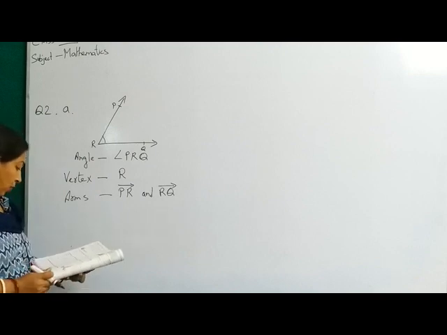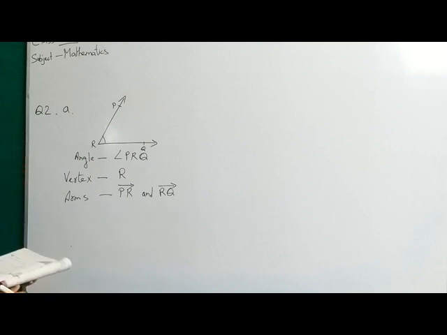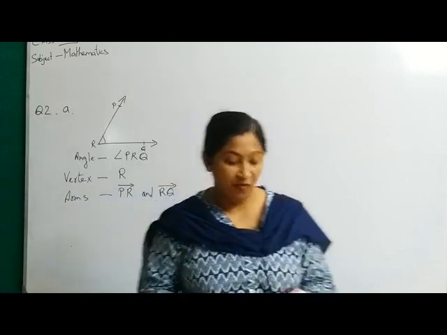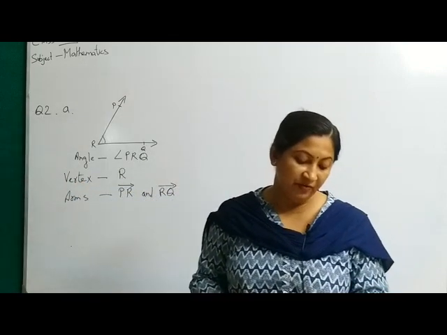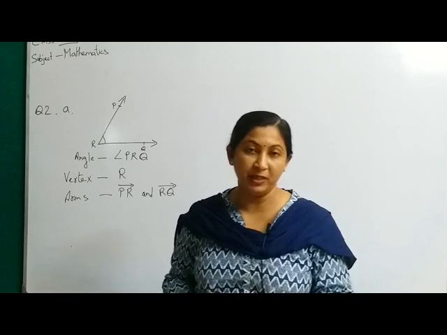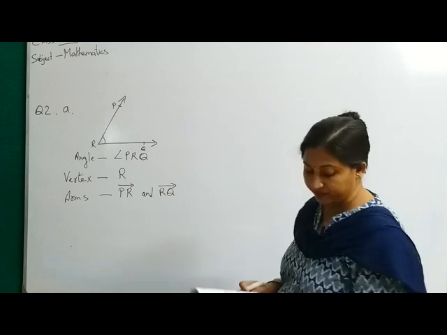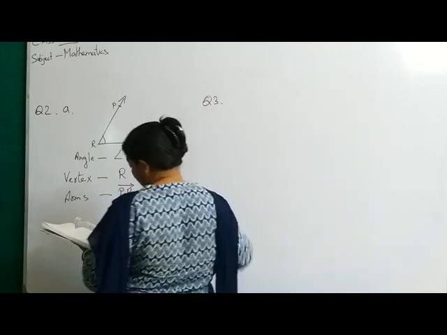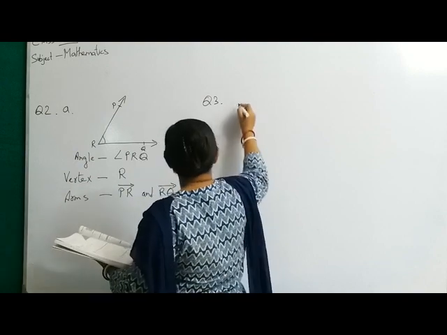Now come to question number 3. How many angles are formed in each of the following figures? You have to write how many angles there are and then name them. Suppose I am doing number 3A.